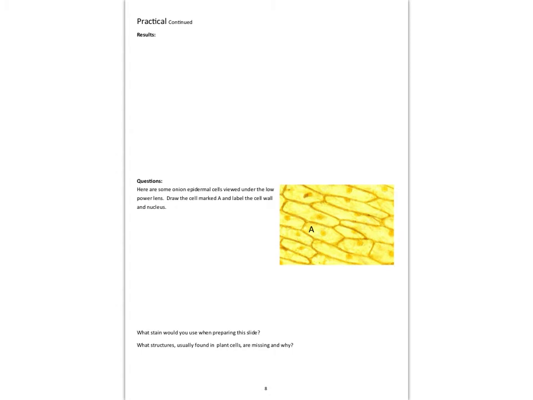So I think we need to draw a diagram of what we saw now. All the cells were slightly different in shape, but we'll just draw one that I saw on the last slide that I looked at. So make sure you're drawing in pencil. So this is the cell wall.